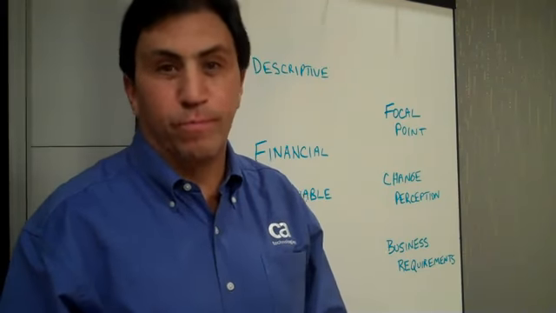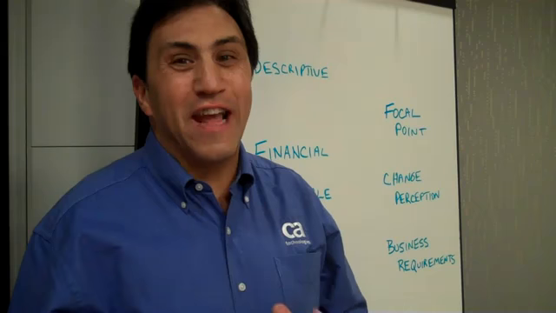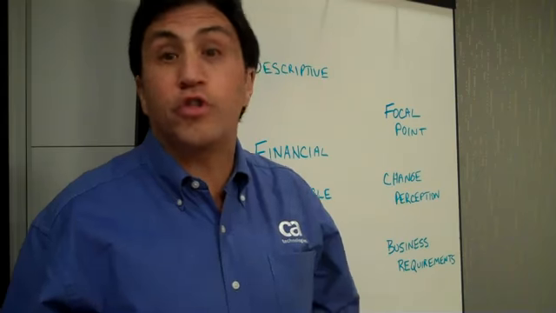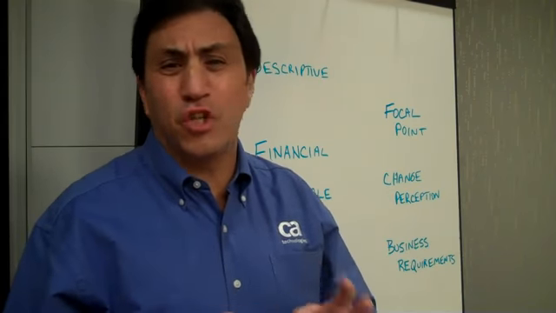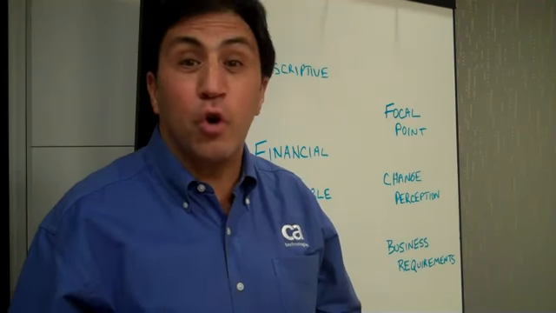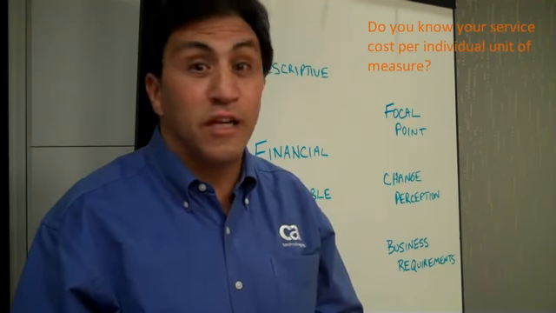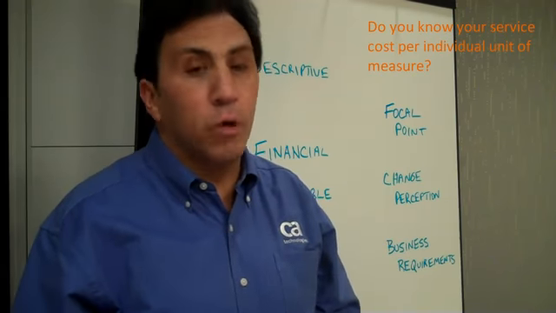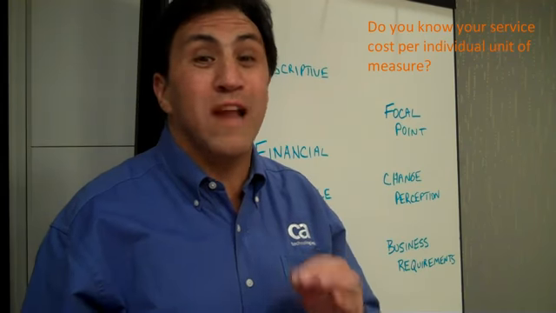Next comes financial. Defining your services in financial terms can be the most challenging. For example, do you know your service costs? I don't mean just the total cost for a service, but the cost per individual unit of measure. For example, the cost of each mailbox for an email service. Most companies that I've worked with do not.